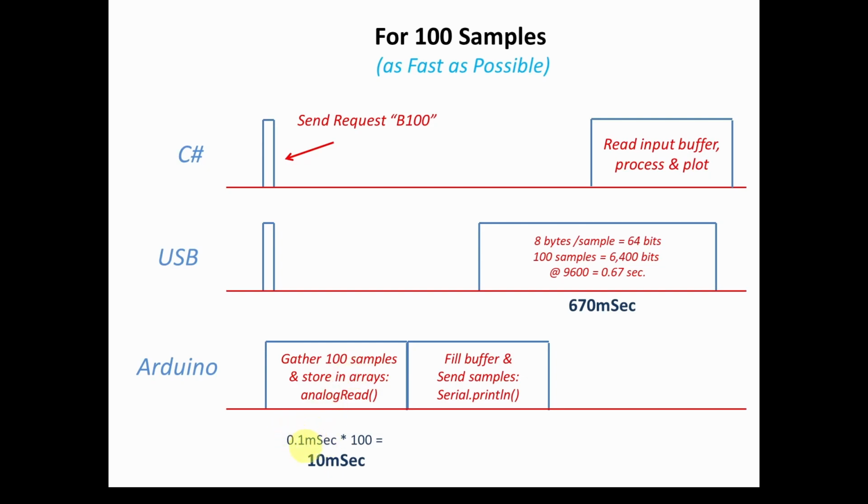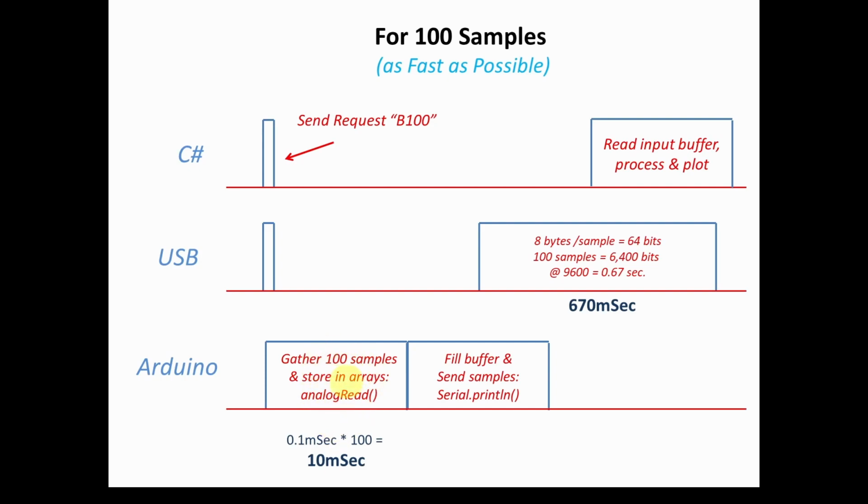And if you look at this and you're thinking ahead, you might say, wait a minute, if it's going to take me 0.1 millisecond to read one sample, then what's my sample rate? How many samples will I get in 1 second? Well, if it's 0.1 milliseconds per sample, then 1 over 0.1 milliseconds tells me how many samples per second, or the sample rate. And 1 over 0.1 milliseconds is 10,000 or 10 kilohertz.